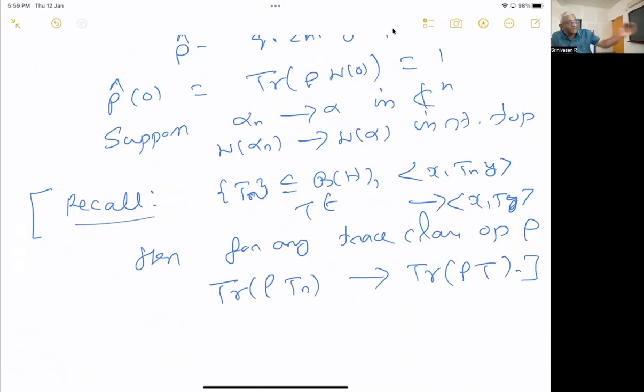What is there? The inner product converges. Trace is an infinite sum of inner products, possibly, if it's infinite dimensional. Finite dimensional, there is nothing. So each of the summands will converge, right? You have to show that the whole thing converges, but you can't just say that. You need some justification.